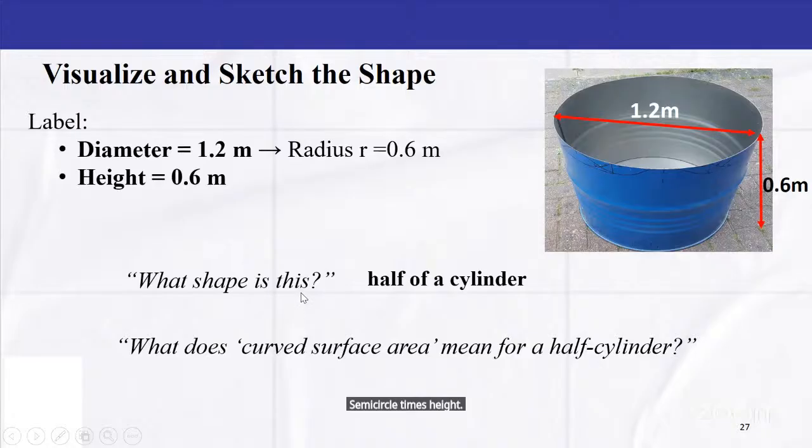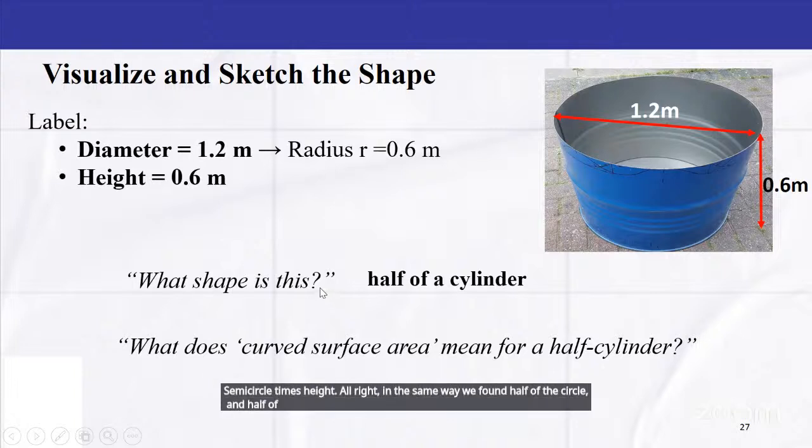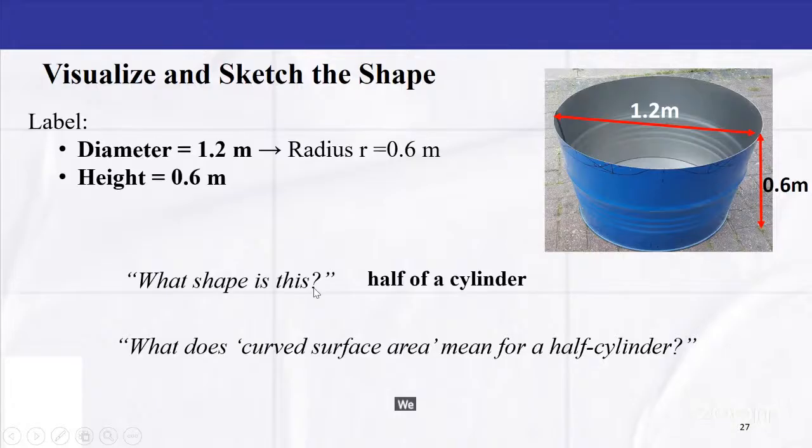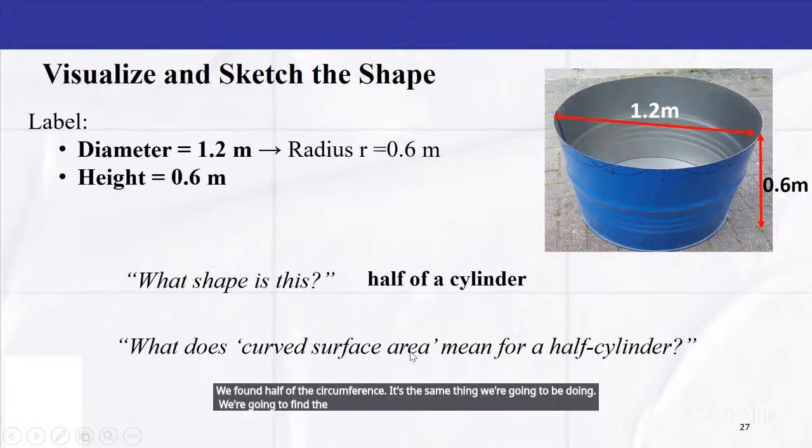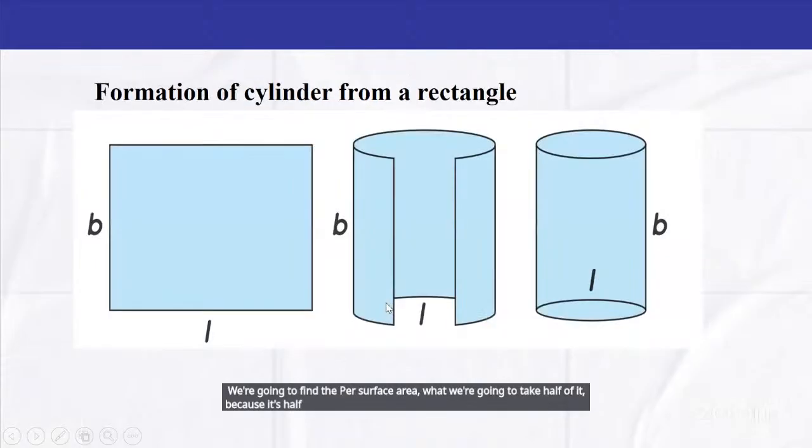All right. In the same way we found half of the circle, when we were finding the curved part at the end of the rectangle, we found half of the circumference. It's the same thing we're going to be doing. We're going to find the curved surface area, but we're going to take half of it because it's half of a full cylinder. All right.